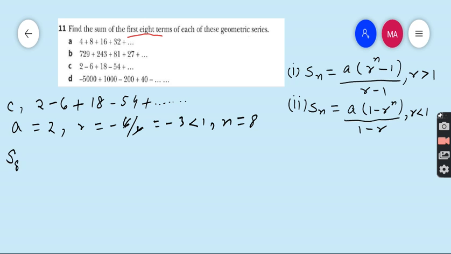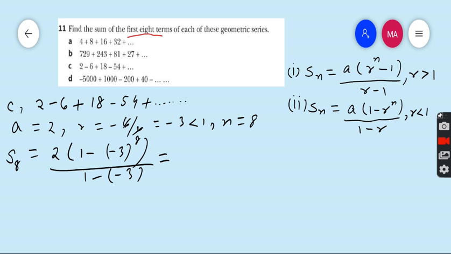So S8 is equal to A, that is 2, and we will use the second formula: 1 minus R, where R is minus 3, to the power n, which is 8, upon 1 minus R, where R is minus 3. So use a scientific calculator to find the final answer.